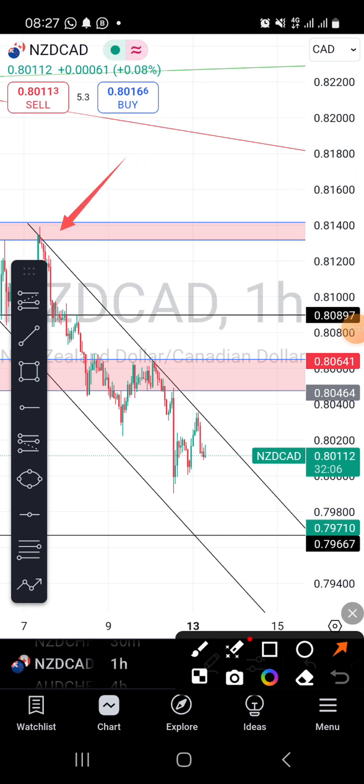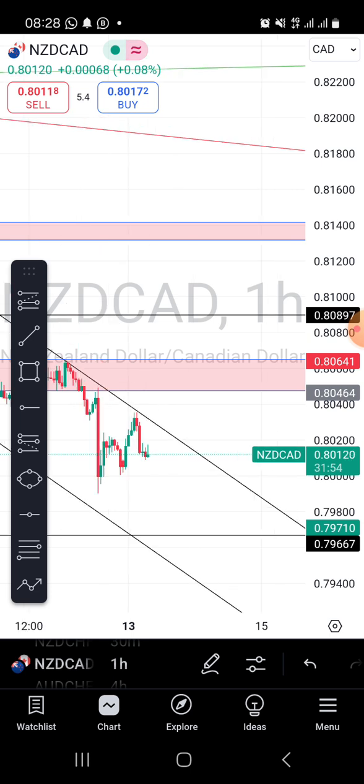First touch here on this trend line, the second touch here, and it has made its third touch. Yeah. With the risk, worth it?